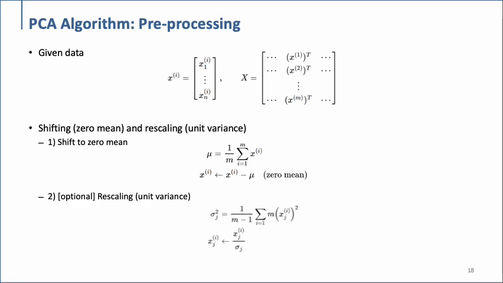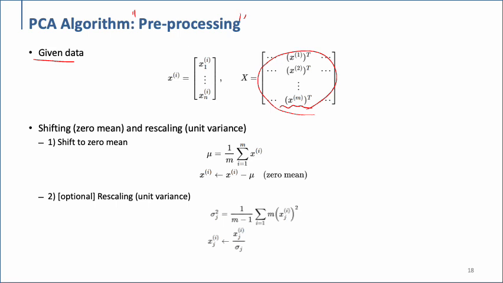And from now on, let me explain the PCA algorithm in more detail, in a more mathematical way. Before going into detail about the PCA algorithm, we first need to pre-process the data. That means for the given x vector, let's say we have m observations or m samples.